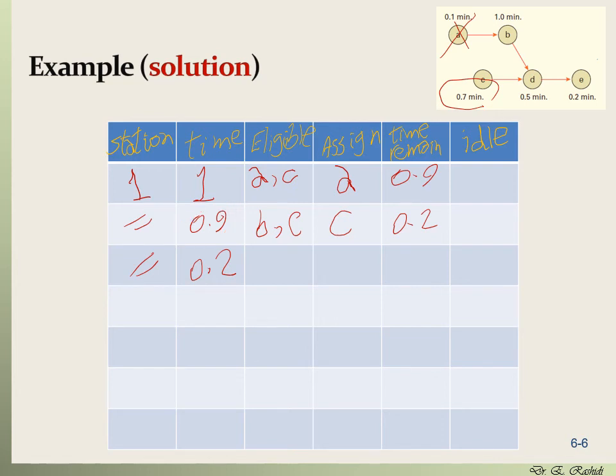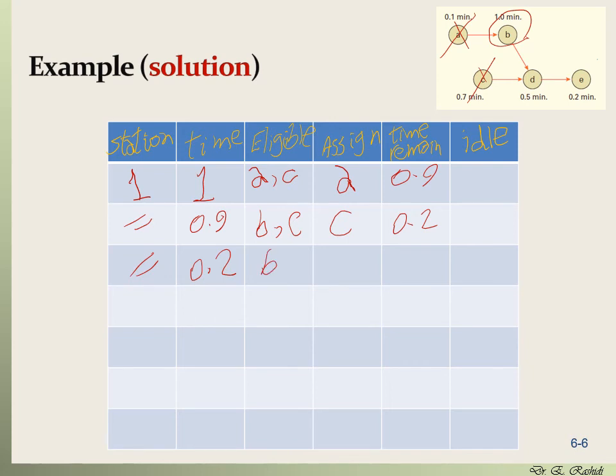All right. Now that we assigned task C to workstation 1, how many tasks are eligible here? Well, task B is eligible, task D is not, because D needs B to be completed. So the only eligible task right now is task B. Can we assign it to workstation 1?